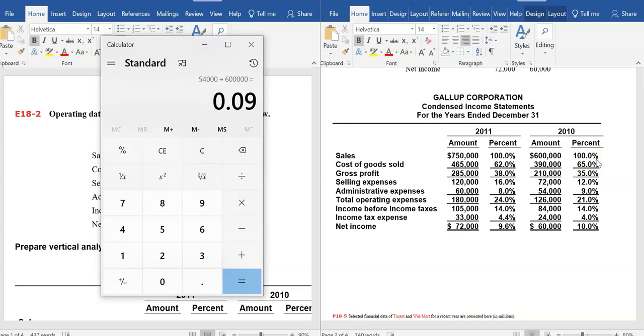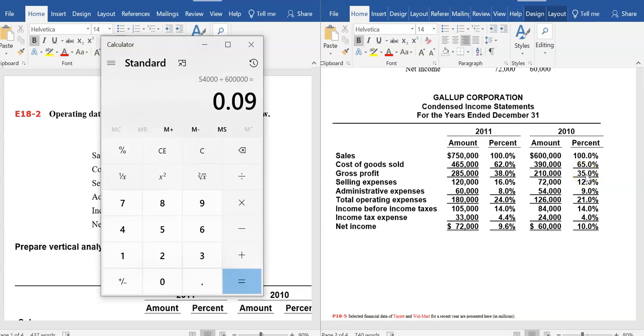In other words, this helps us look at it and say, you know what, for every dollar in sales, 65% of it, or 65 cents, goes to cost of goods sold, leaving 35% or 35 cents on every sales dollar as profit.